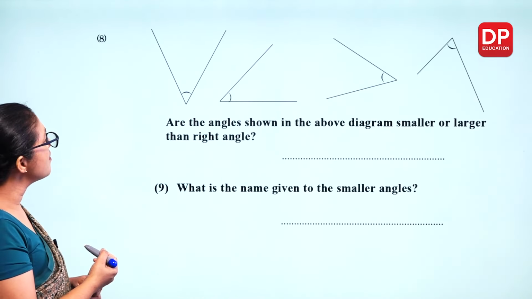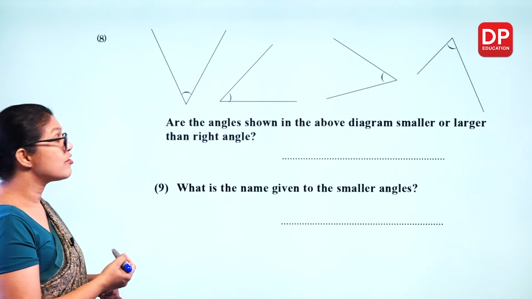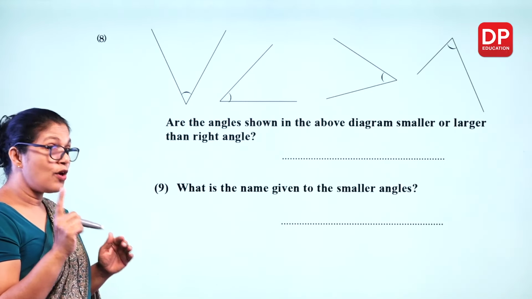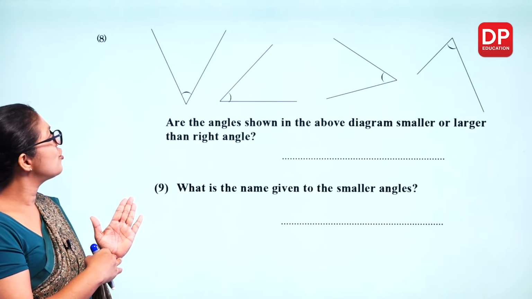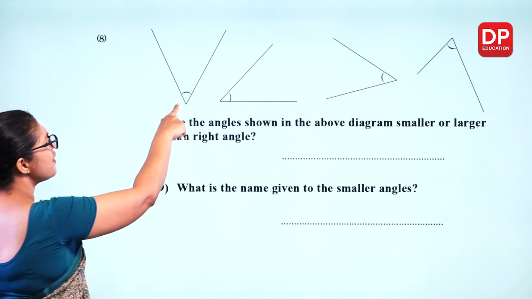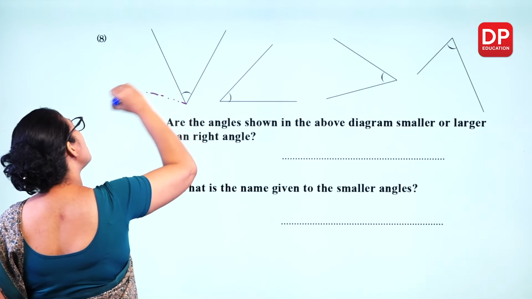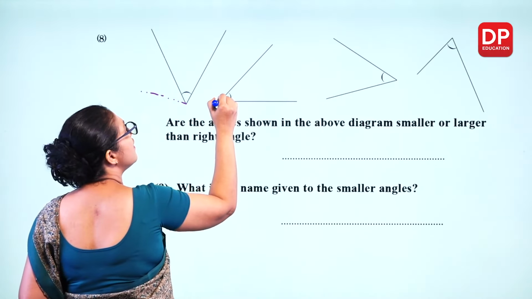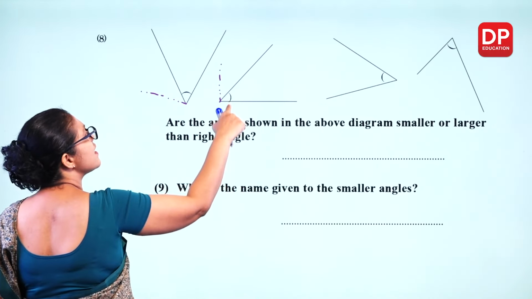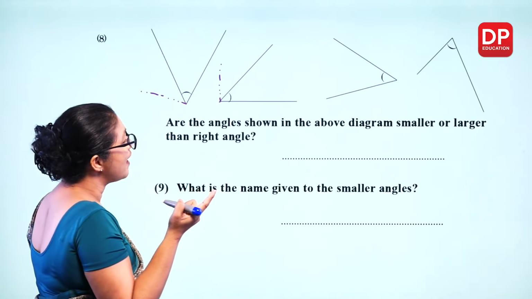Look at these diagrams. Are the angles shown in the above diagram smaller or larger than the right angle? So we know that a quarter of a circle is a right angle. Compared to that, what do you think about this one? If it's this way, that's a right angle. So this is smaller. Here, when you take this way, that's a right angle, but this angle is smaller than that.